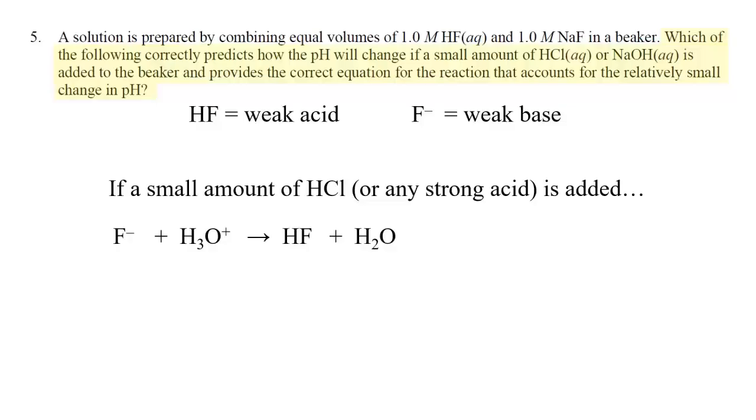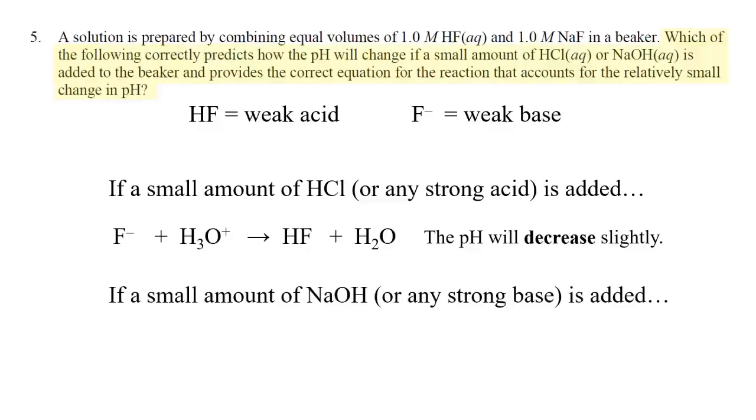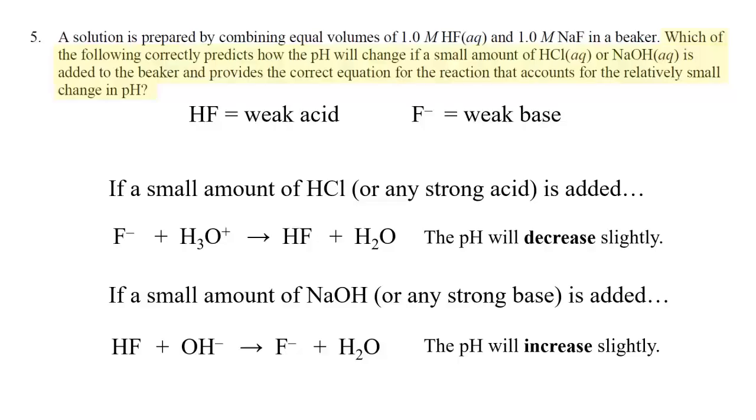And the pH would decrease, but only slightly. On the other hand, if a small amount of sodium hydroxide or any strong base is added to this buffer, now the HF molecules would react with the hydroxide ions from the strong base, and the products would be the F minus ion and water. And the pH would increase, but only slightly.